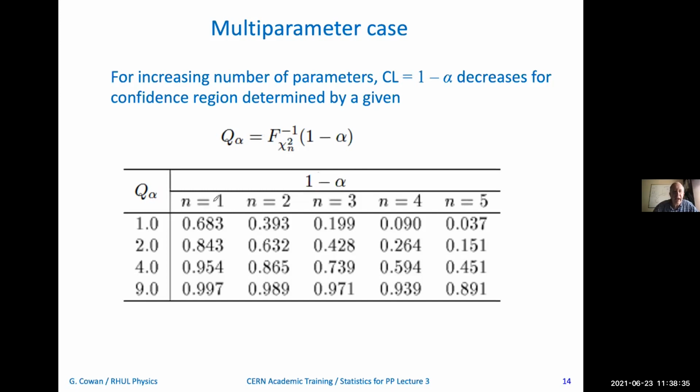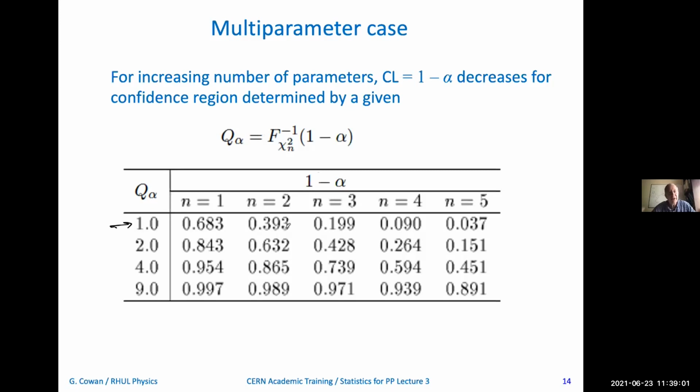So for n equals 1 and a quantile equal to 1, that corresponds to a confidence level of 68.3%. But if you had two parameters and you still used the recipe log L equals log L max minus 1/2, so a quantile of 1, then the corresponding confidence level wouldn't be 68.3%. It would only be 39%.